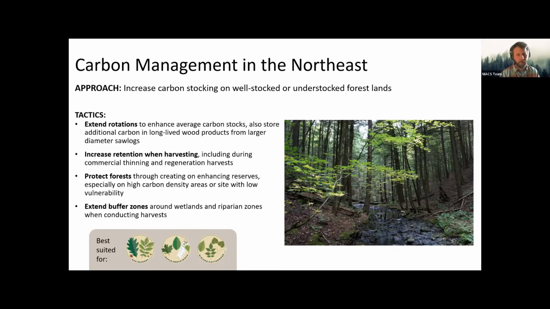So a maple beech birch stand that is at the southern extent of the range might be a little bit more vulnerable, and so that might not be as effective for carbon management as maple beech birch that's in the northern portion.